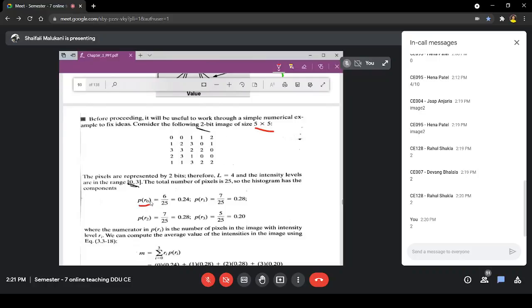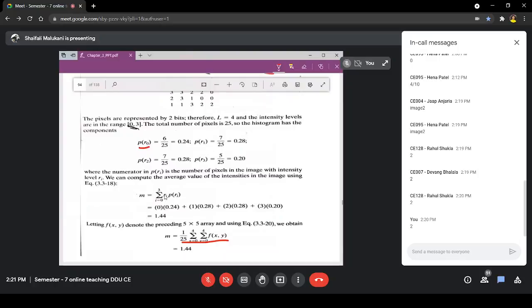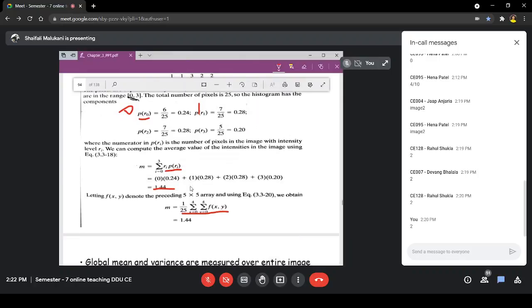What are the possible values? 0, 1, 2, 3 that we have obtained, and then you take the summation of r times P(r). That is, what is the probability that 0 will take place? What is the probability that 1 will take place? In that way, you obtain the summation of r P(r) and you obtain the mean. Of course, both means are going to be the same.